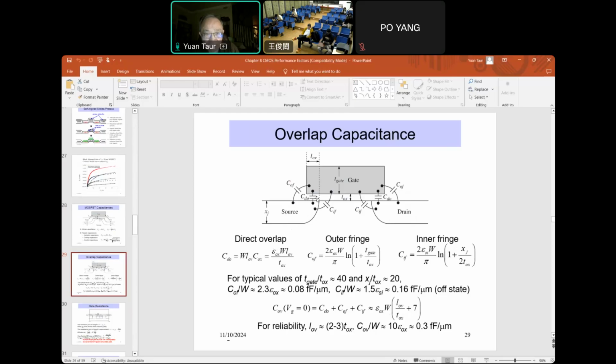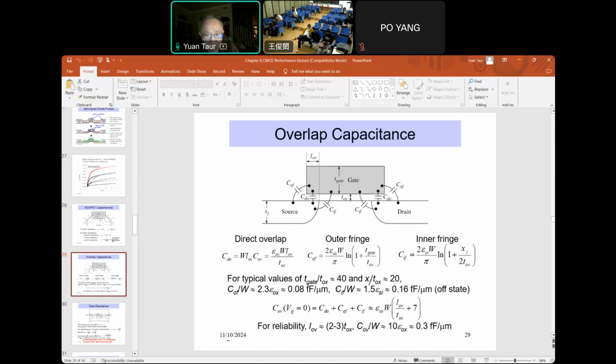But even with the self-aligned gate process, you still have some direct overlap with a minimum overlap length. In addition to that, you also have fringe capacitance, inner fringe, and they have expressions given by this. You can read the reference from the book. This was derived by conformal mapping of this structure.